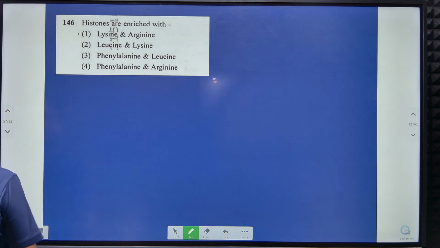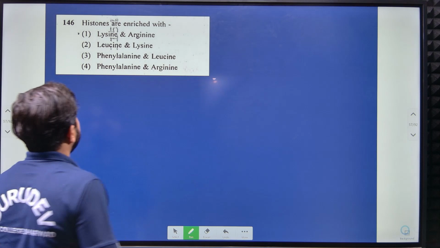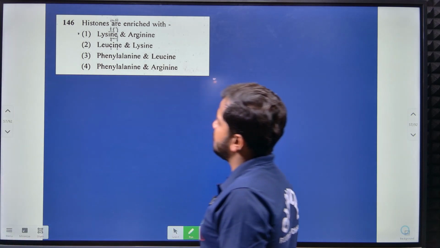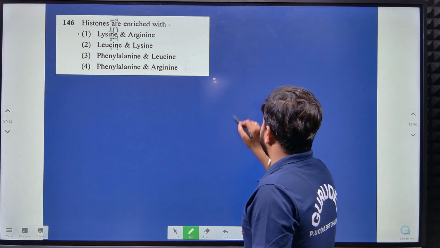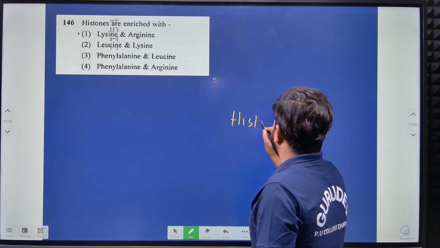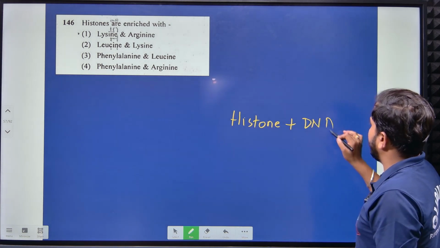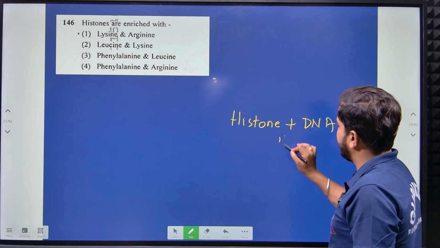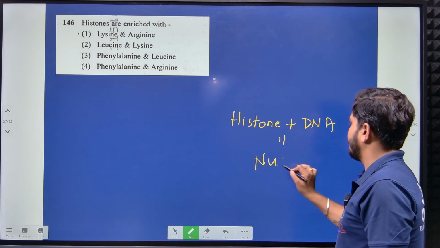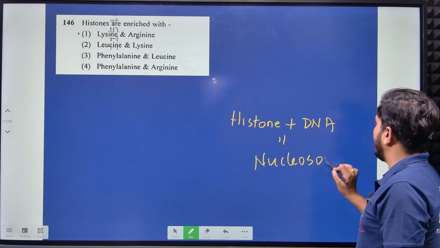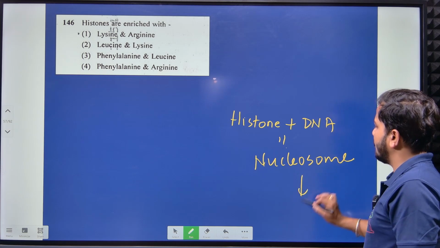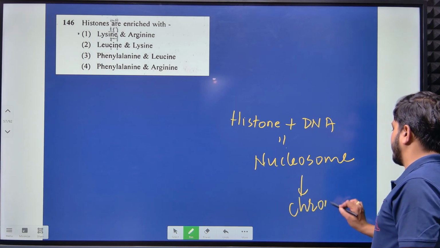Then moving on to the next, that is histones are enriched with. What are these histones? Histones are the specialized proteins which are present with the DNA, and together they form the nucleosome, right. And this chain of nucleosomes itself will form the chromatin network, right.